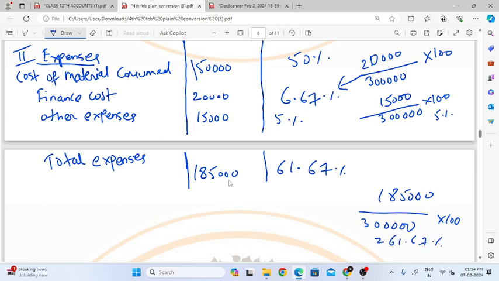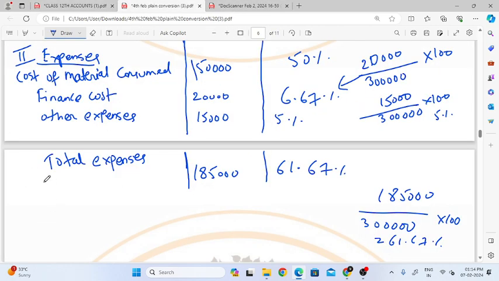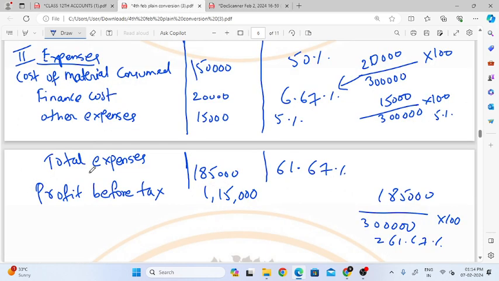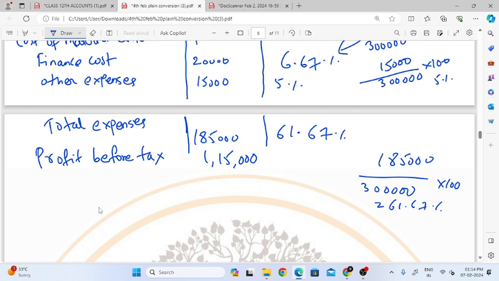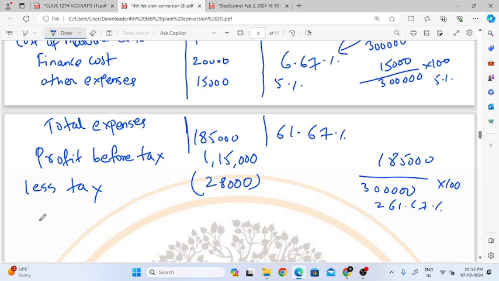Then next is profit before tax, 1,15,000. Then less provision for tax 28,000. Okay, and then profit after tax they have given as 87,000.